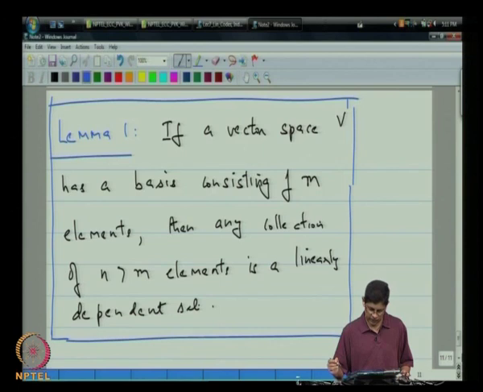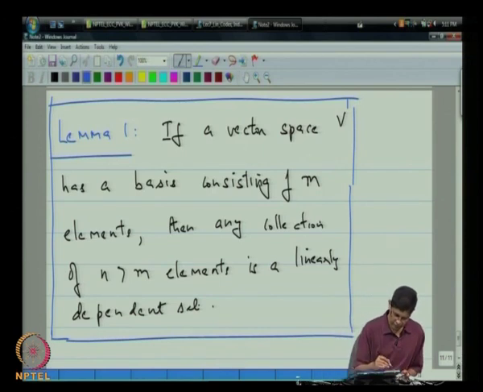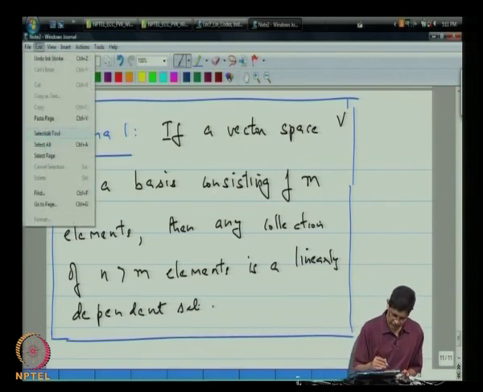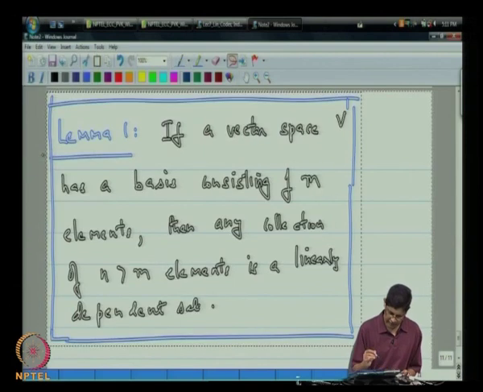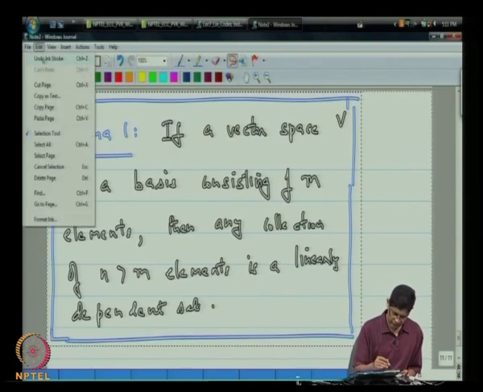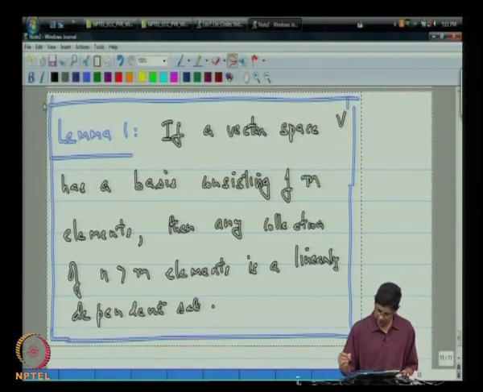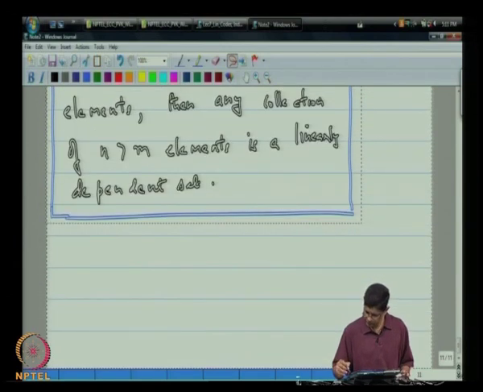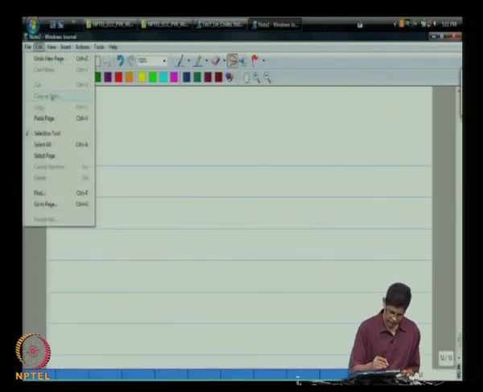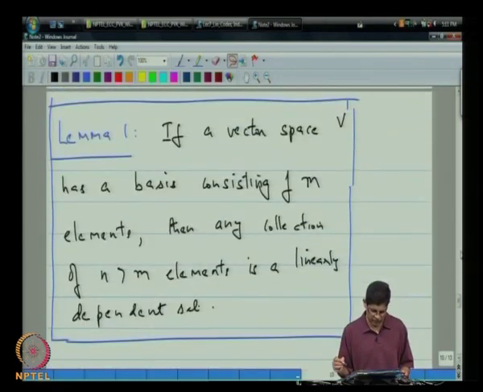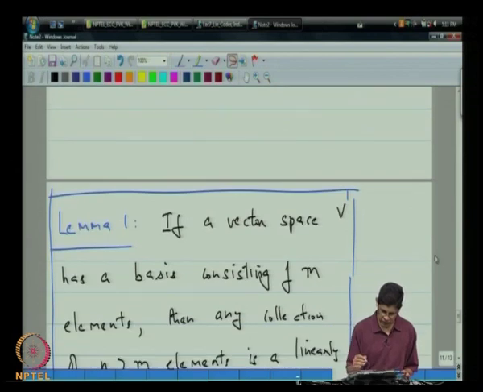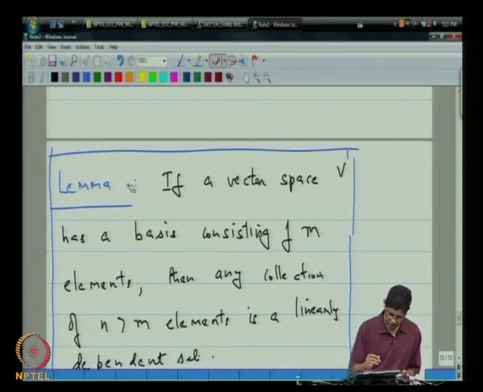Now, I am going to use some electronic technology to make the next piece of writing a little bit easier. My next lemma is very similar to the first lemma, so I am just going to make some changes.